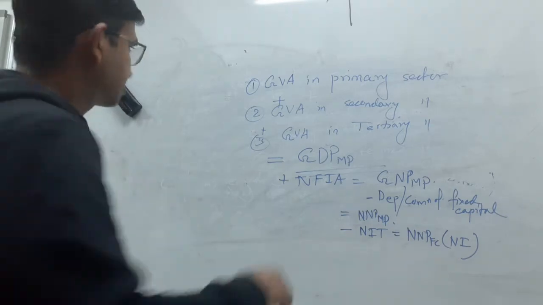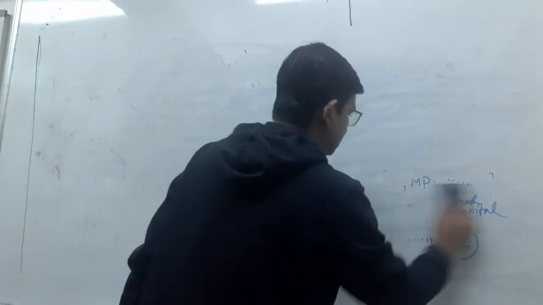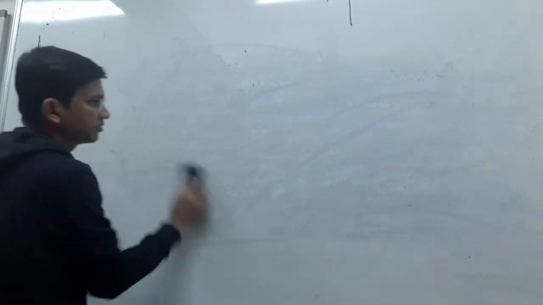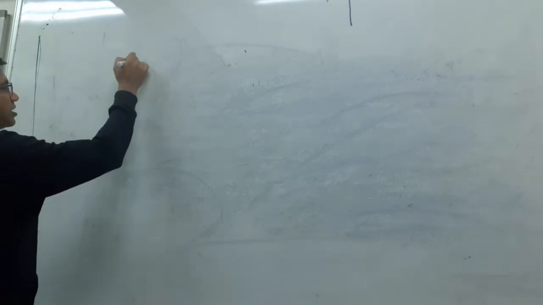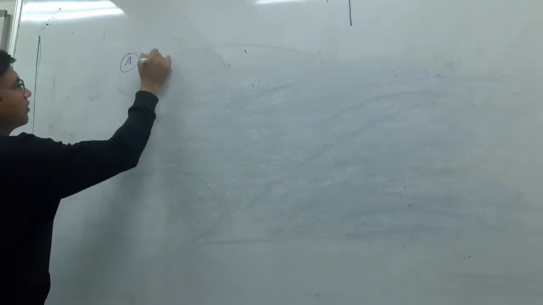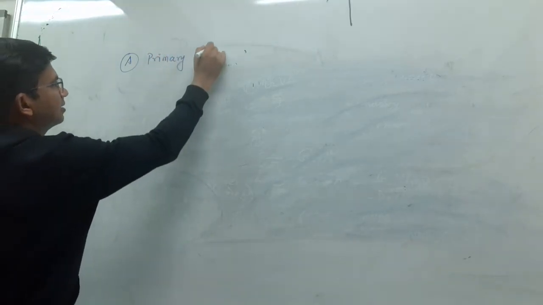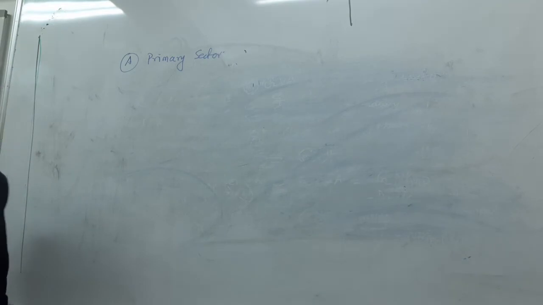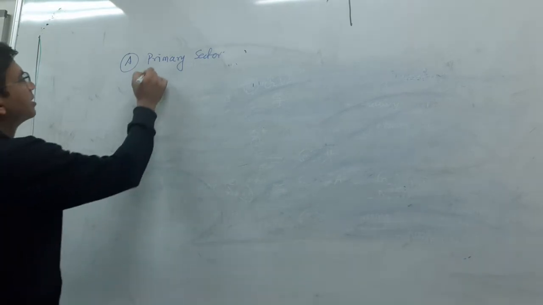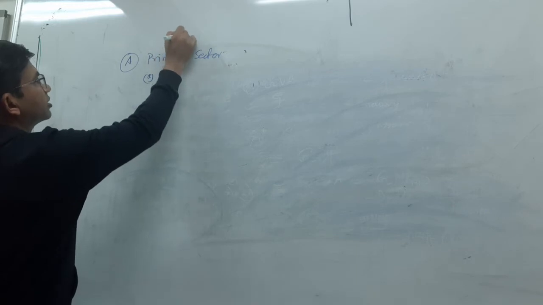Now we will practice a sum, where we are hypothetically considering a country in which we are giving the components. First we consider the primary sector. We are measuring everything in $1 million.